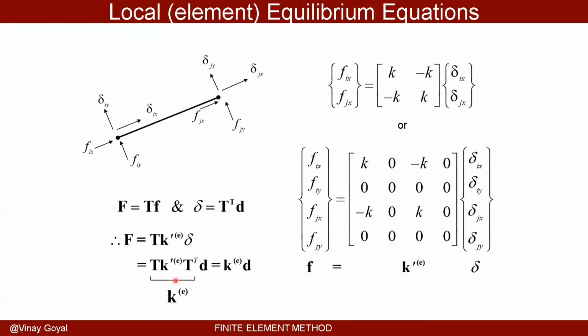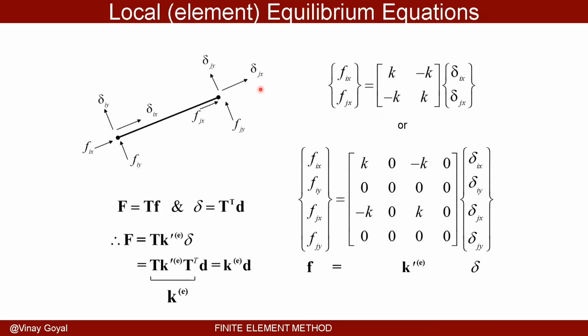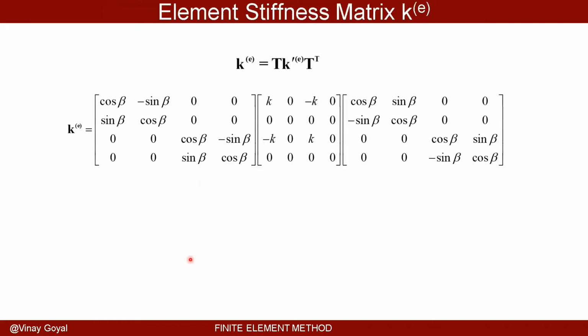So I'm going to call this whole thing K bold. And let's examine what this looks like for our case. So we know that T bold is this. T bold transpose is this; transpose is just taking this and transposing it. That's what we get. And we know K bold is this.